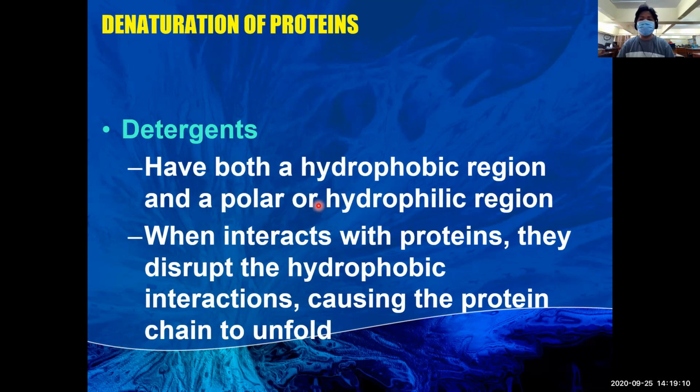Remember, hydrophobic interaction happens inside because they are hydrophobic. It means they are afraid of water. So detergents, for example, will go to that interaction inside, and they will destroy or disrupt those interactions. So what will happen? The protein will unfold, exposing their other interactions in their structure, causing the change of their shape.